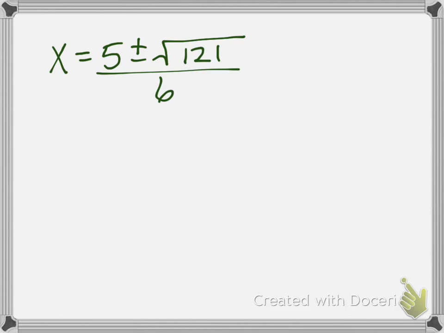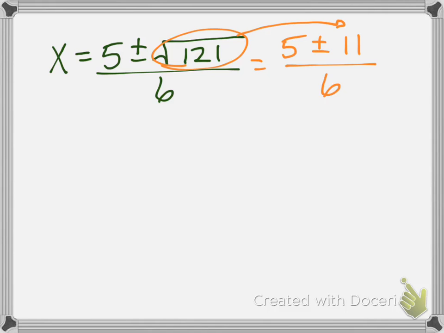So let me rewrite. I had x equals 5 plus or minus the square root of 121, divided by 6. So I'm going to break this equation up now into two equations. 5 plus or minus 11, divided by 6. So the square root of 121 is 11. That's where that came from. And now I have my two equations, one with the plus sign, one with the minus sign.